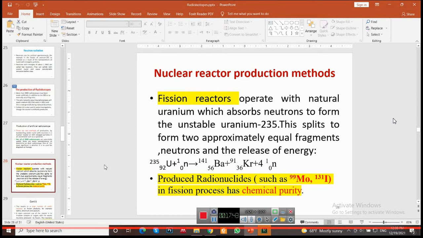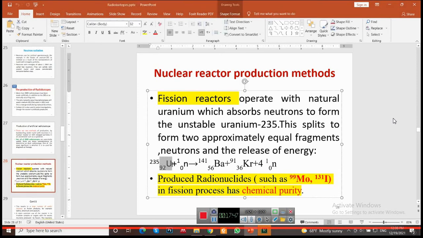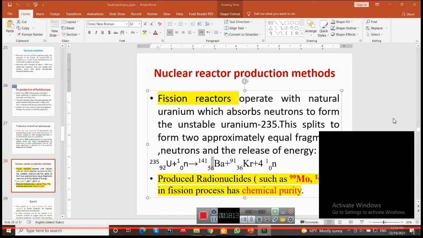And as you can see, the proton number of the mother nucleus is different from the created radioactive daughters, which are barium and krypton. As you can see, the proton number of uranium is different from the proton number of barium and krypton.